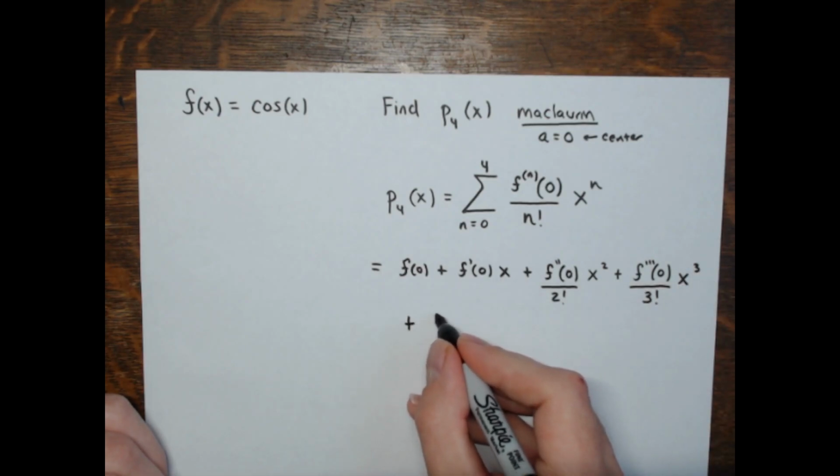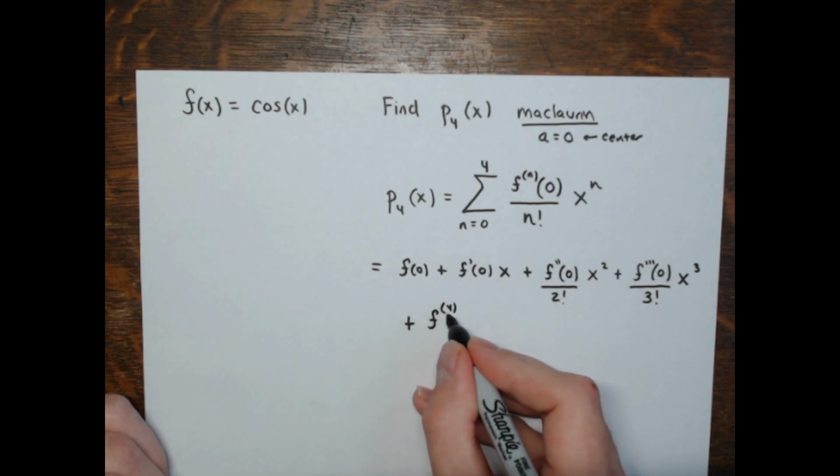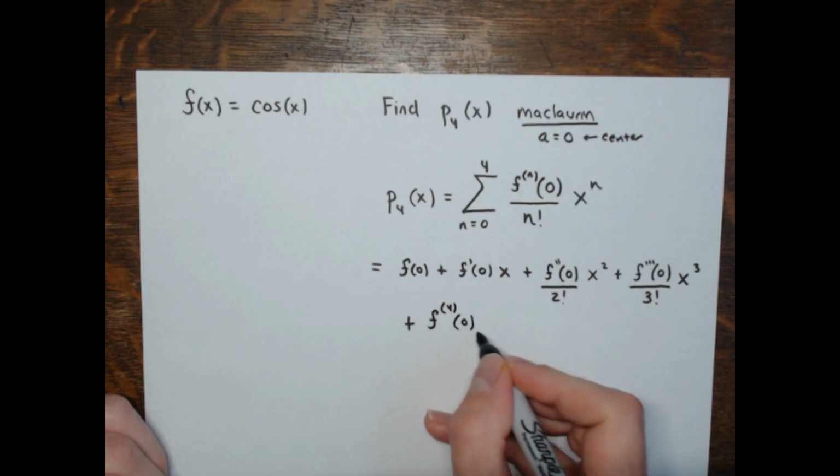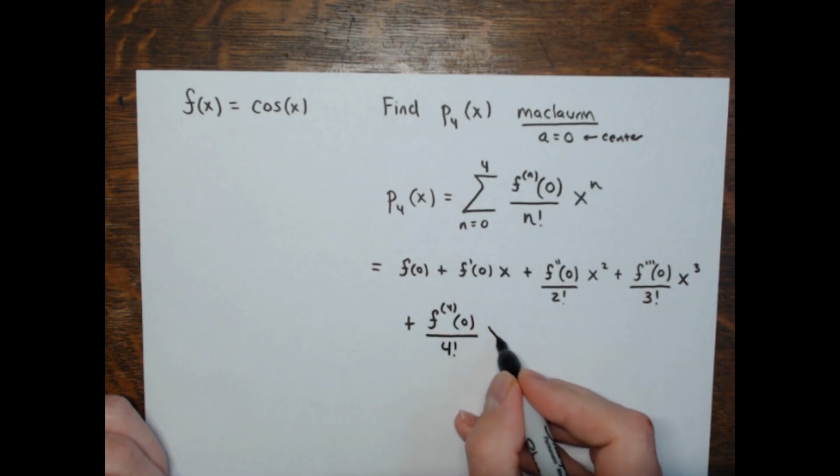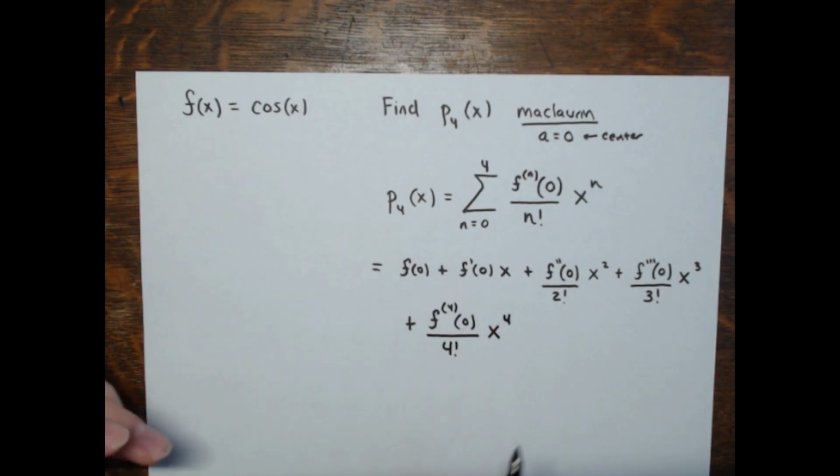And then finally, the value of the fourth derivative, I'll just put a little 4 in parentheses here, at 0 divided by 4 factorial, or 24, times x to the fourth. This is the fourth Maclaurin polynomial, fourth degree.